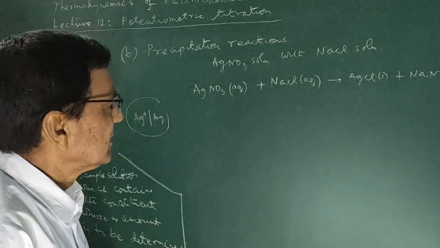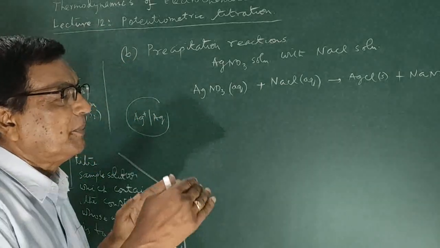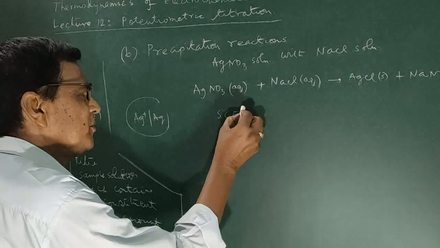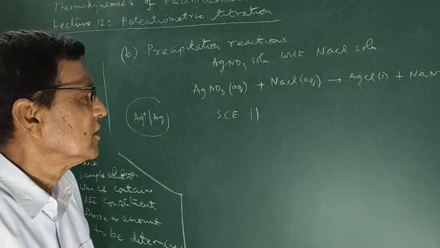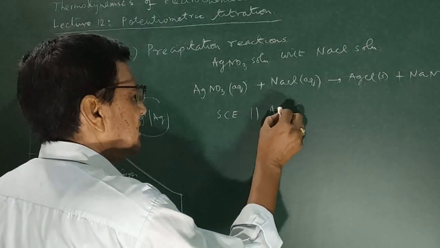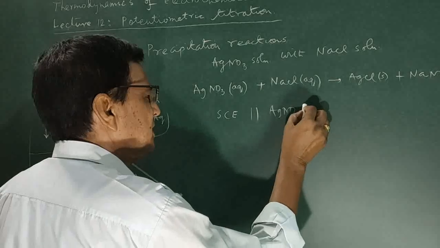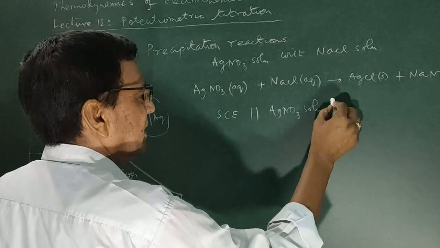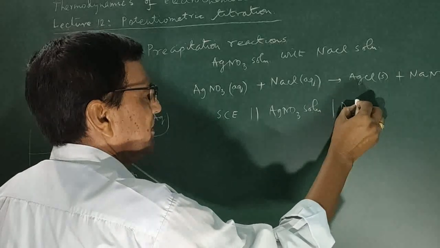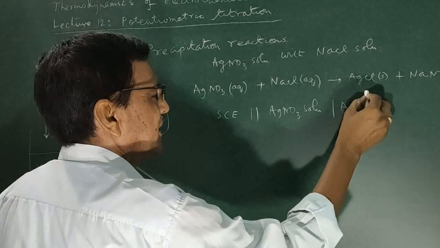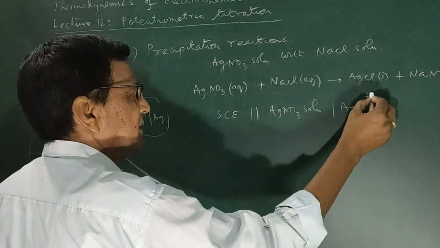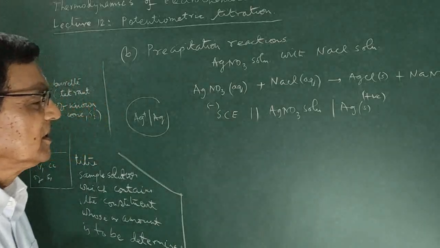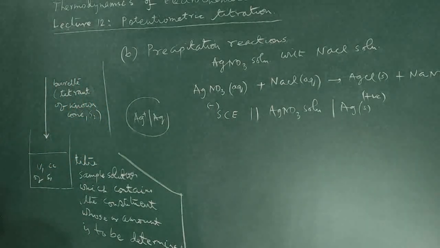And if we like to make a complete cell, then here the saturated calomel electrode and this salt bridge, and here the silver nitrate solution taken in the titer, and the silver metal solid is dipped into the solution, and this one is the cathode and this one is the anode.